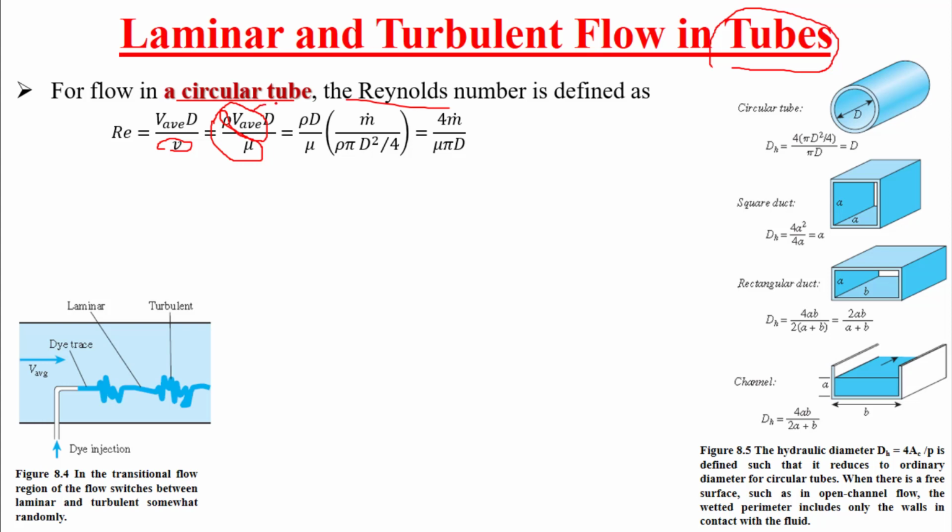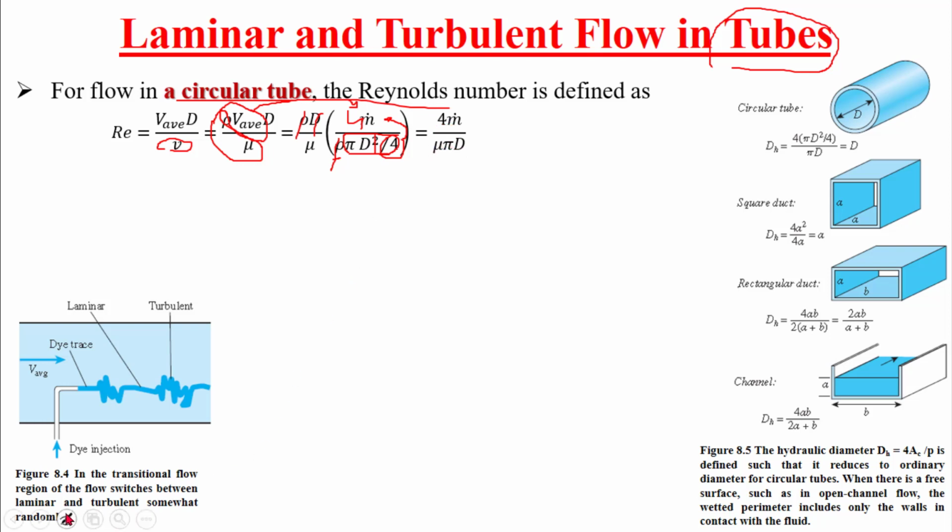So instead of V average, I will write m dot divided by rho divided by cross sectional area. Here we have rho, so this rho will cancel out with this rho. Here we have diameter, it will cancel out, and here we have 4, which will come up here. So this is the final format, 4 multiplied by m dot divided by pi mu D.